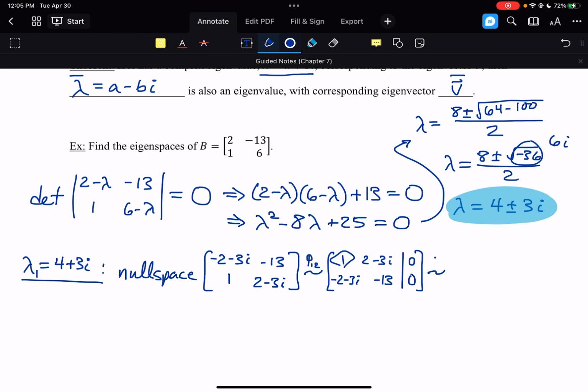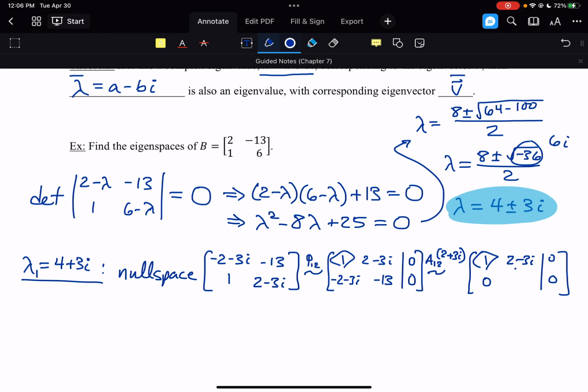And then we just add first to second times the opposite of that, so 2 plus 3i times 1. So we get 1, 2 minus 3i. That one gives us 0.